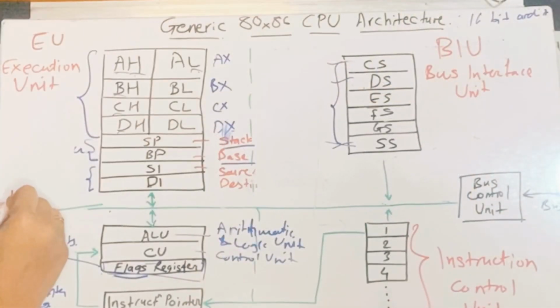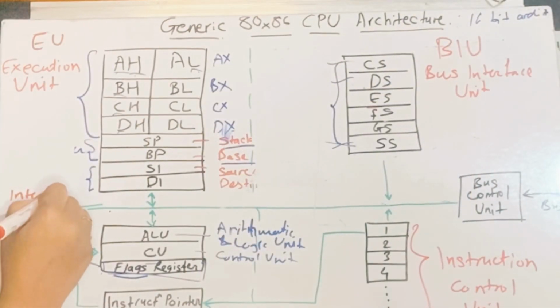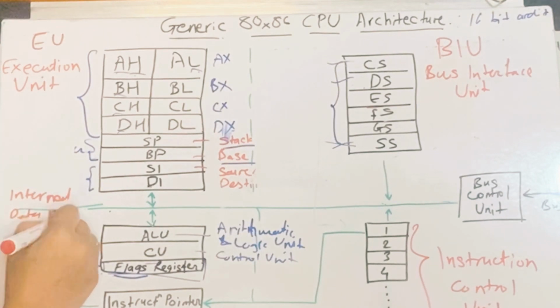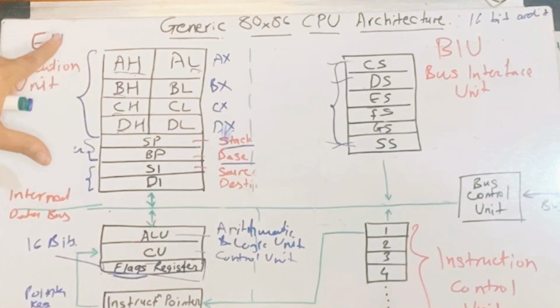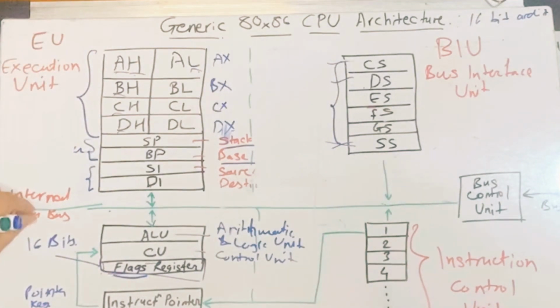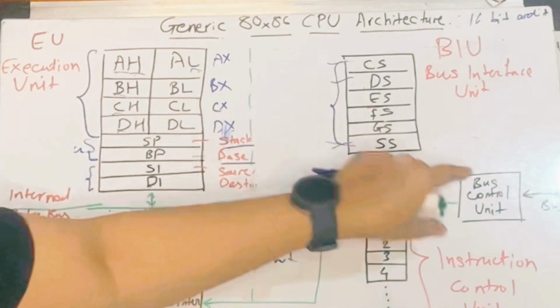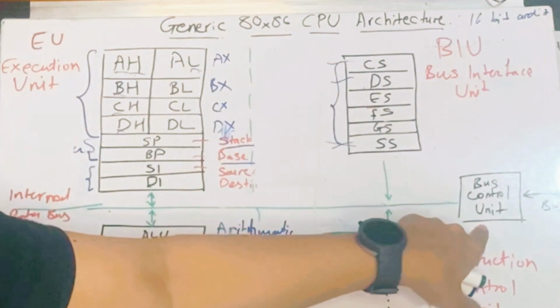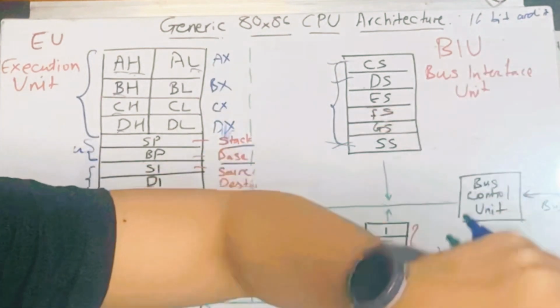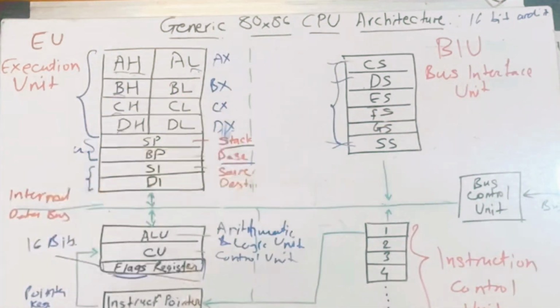This bus is called the internal data bus. So the CPU sends the result to the internal data bus, which sends it to the bus control unit, and from bus control unit to the memory control unit, and finally to RAM, where we get the result.